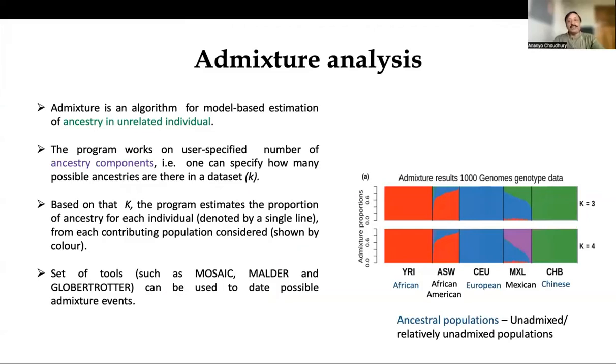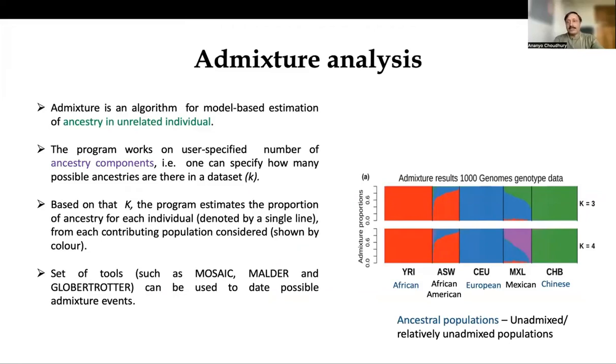We employ a set of specialized tools for identifying gene flow from and into populations. One of the most widely used tools employed for this purpose is named AfSHG. AfSHG firstly tries to model the dataset into a user-provided number of ancestries, and then tries to detect how much of each ancestry is present in each individual.